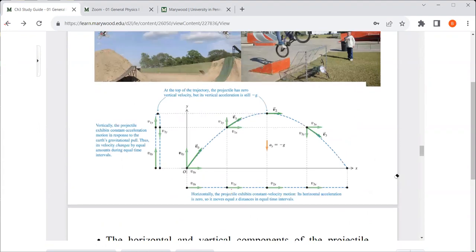Here also you can see that the length of the arrow for vx, so v0x, v1x, v2x, and v3x, are all the same. That tells us that vx, no matter where it is, is always the same.